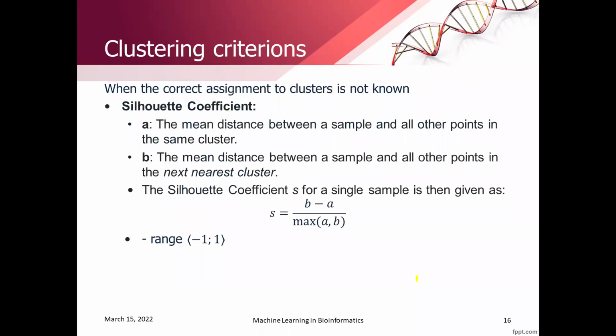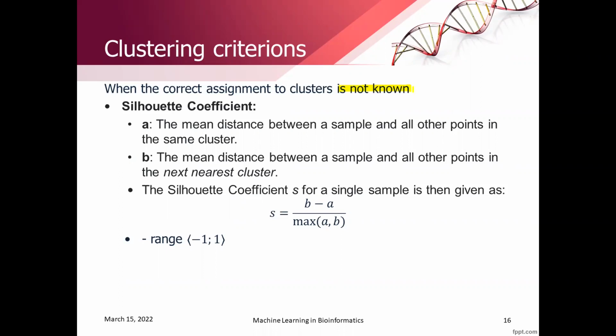And I have the next criterion, which is applied if we do not know the correct assignment to the clusters. So if we do not know the correct assignment, we can look just at the result and try to say whether according to the assignment to the clusters it's correct or not.